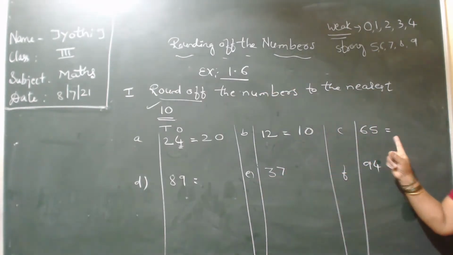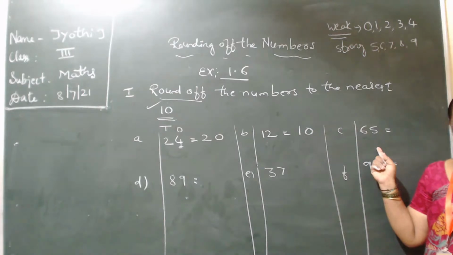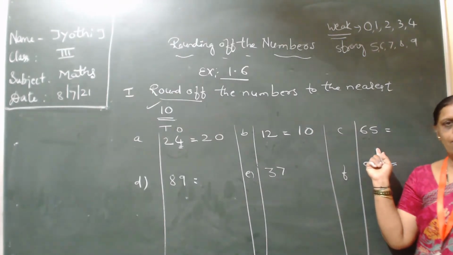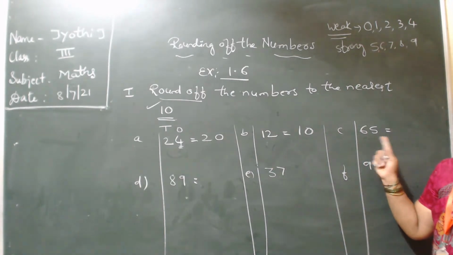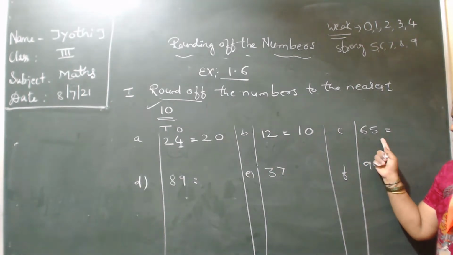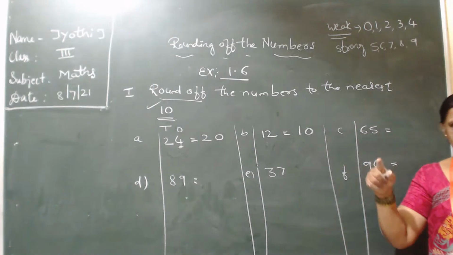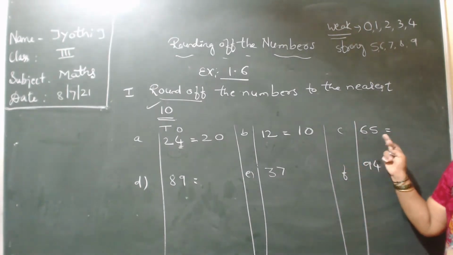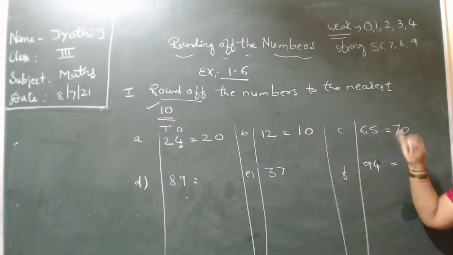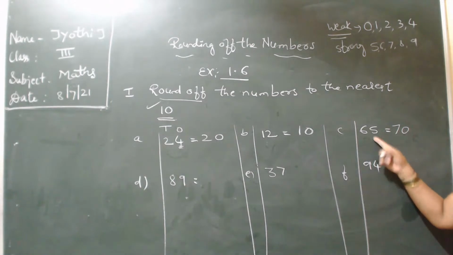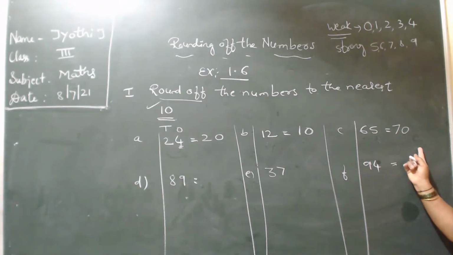What is this nearest to tens? 60 or 70? The number is 65. Whether it rounds to 60 or 70. It is 70, because 5 and more than 5, we should go for the next number.